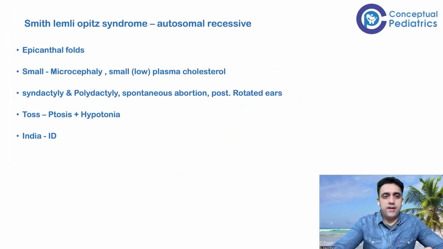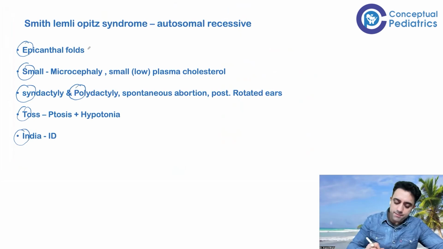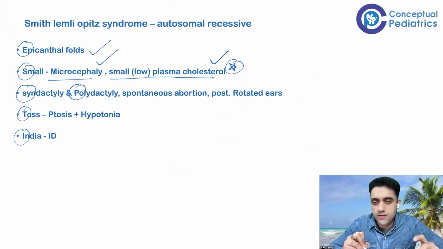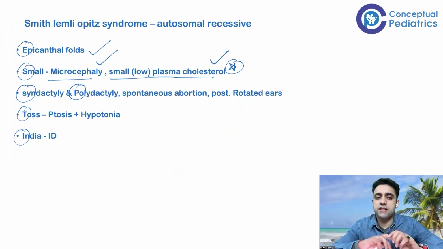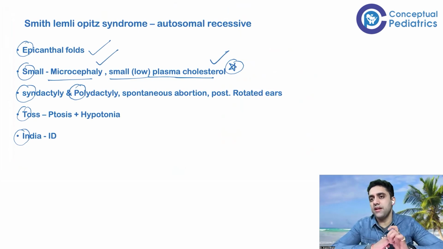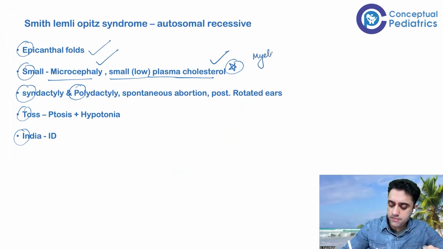Now, little extra point. Epic for epicanthal folds, small for microcephaly, and even small for low plasma cholesterol. This is a very, very interesting point, that this patient of Smith-Lemli Opitz syndrome has a low plasma serum cholesterol, and cholesterol basically helps in the myelin formation.